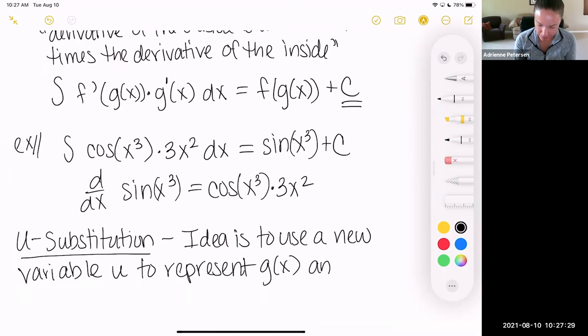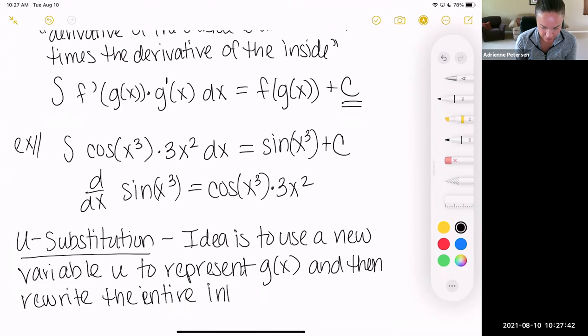And then rewrite the entire integral in terms of u.